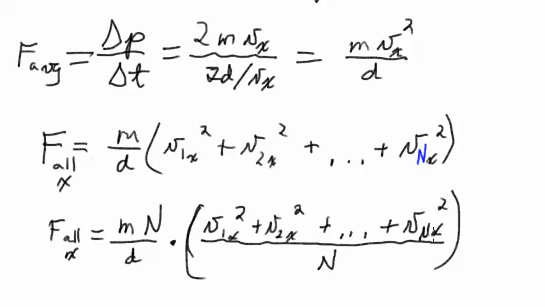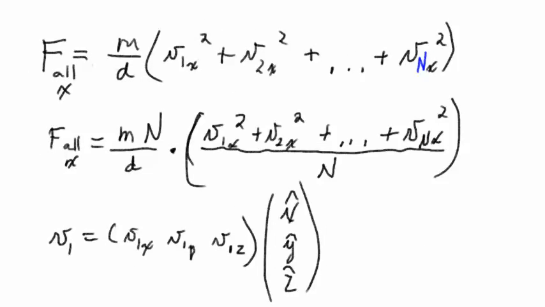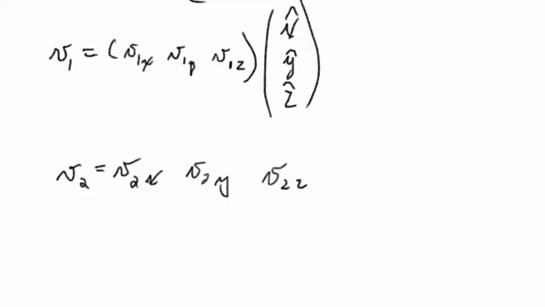Okay, now for a rather weird step. We're going to release the particles from their straight back and forth motion and allow, for instance, v1 to be traveling along the vector v1x, v1y, v1z. And of course, v2 is v2x, v2y, v2z.